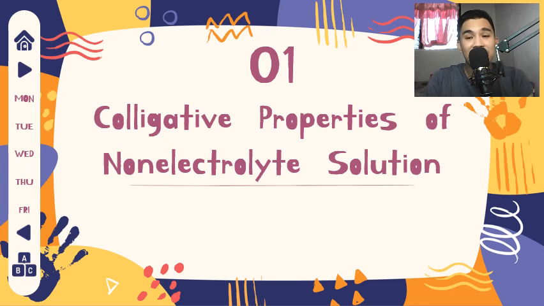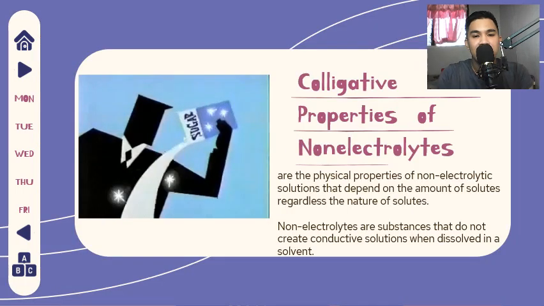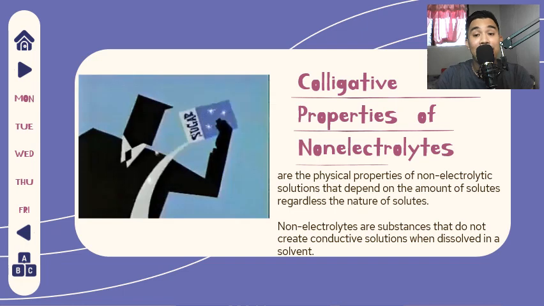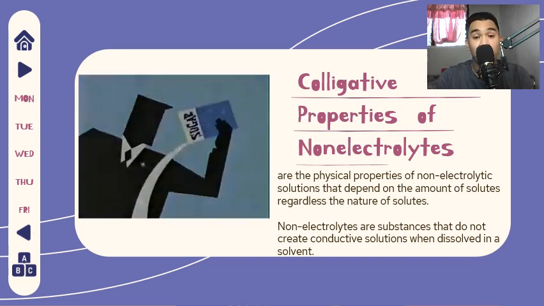So let us now proceed to our first discussion, which is all about the colligative properties of non-electrolyte solutions. Colligative properties of non-electrolytes are the physical properties of non-electrolytic solutions that depend on the amount of solutes, regardless of the nature of solutes.